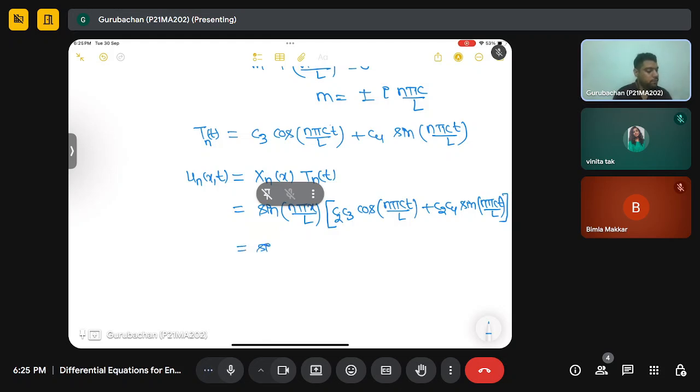Since we don't know these arbitrary constants, and this whole equation depends on n, they will also depend on n.